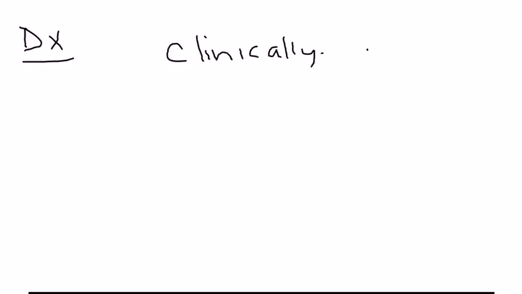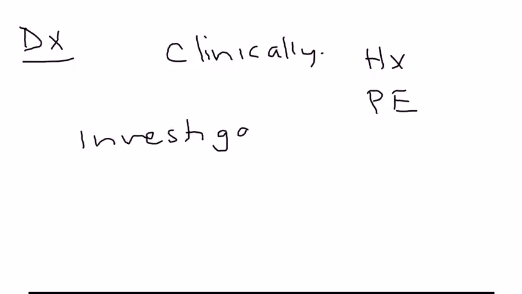So then how do you diagnose it? Well, the diagnosis is pretty much just clinical, meaning the history and the physical exam. There really is no clear diagnostic study, but sometimes in people that have other symptoms as well, you want to investigate a secondary underlying cause, and that's where another test comes in.